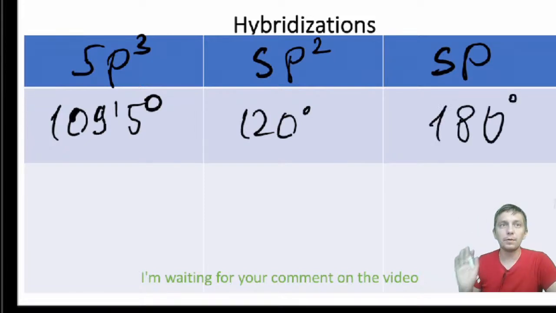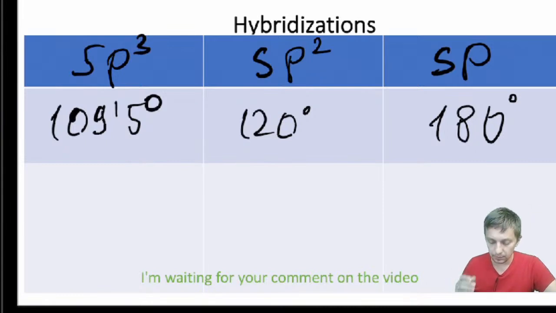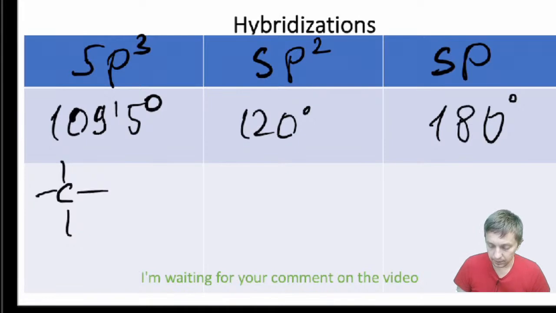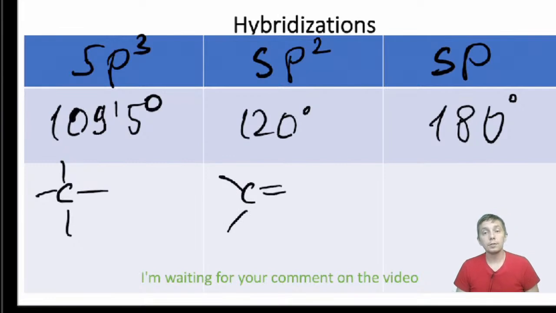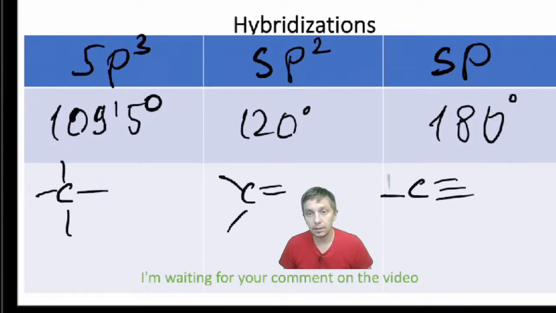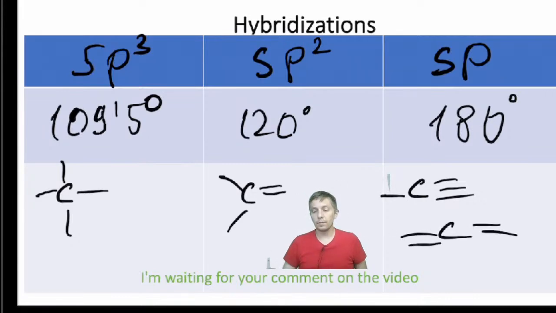So you probably forgot a lot about hybridization, but what is important? With sp3 hybridization, you have only 4 single bonds on carbon. With sp2, you have 1 double and 2 single bonds. And with sp hybridization, it's either a triple bond with a single bond, or 2 double bonds together.